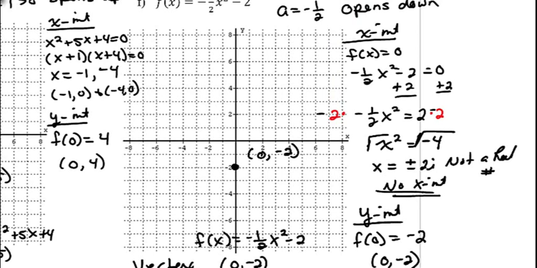It's also my y-intercept. This parabola is opening down and the vertex is below the x-axis, and so that means that it never crosses the x-axis. That's why we got this negative number underneath our square root, which tells me that there are no x-intercepts for this graph.